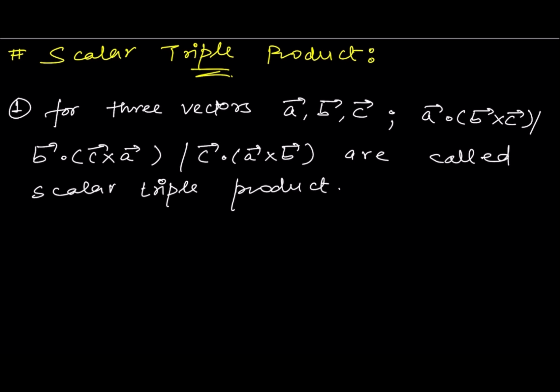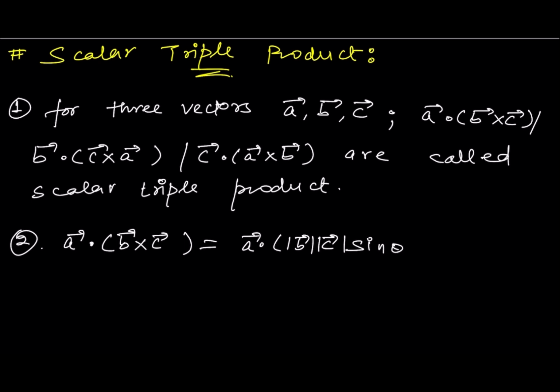Okay. Point number 2. A dot B cross C is what? A dot, we can expand B cross C, that is mod B mod C sine theta and n cap. So this can be written as mod B mod C sine theta, a scalar.